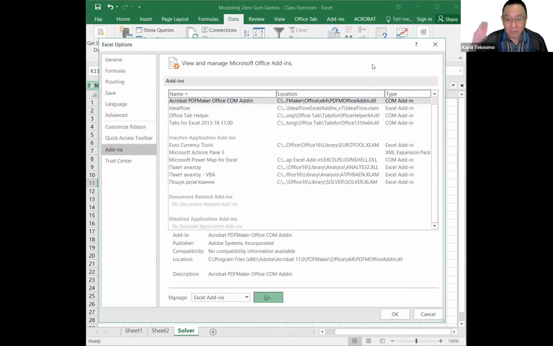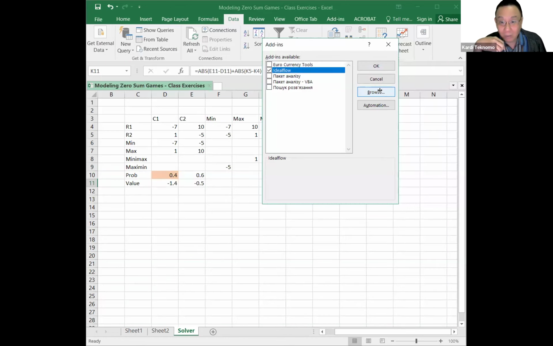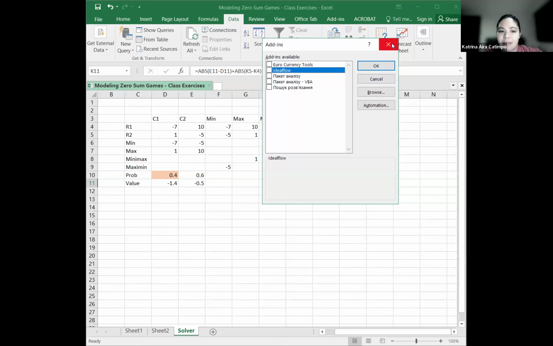Go. And select the add-ins of Solver. Do you have Solver? Previously, I think I was using Google Sheets for Solver, but I understand the scenario. I will try it with Google Sheets again.